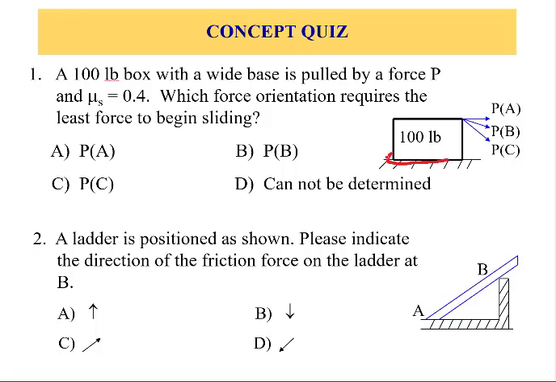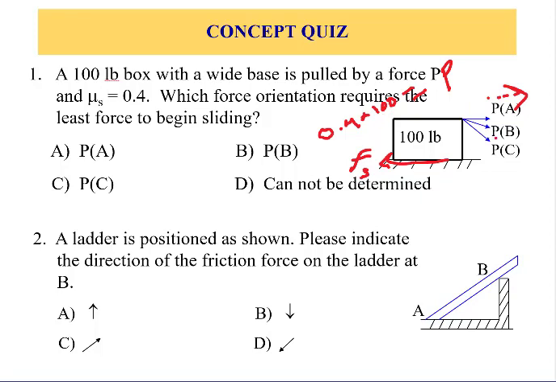Sliding means the friction force F is opposite to the impending motion, which is to the right. The force needed to start moving is going to be equal to 0.4 multiplied by 100, and that must be equal to the force in the same direction. If we choose P, then directly this is going to be equal to 0.4 times 100.